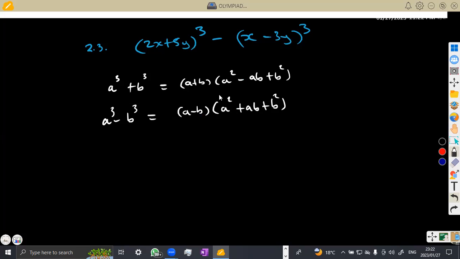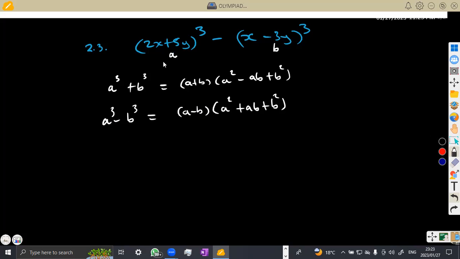So this is the part that they are actually testing you on, to see if you understand these identities in your factorization. So if you have (2x plus 5y) to the exponent of 3 minus (x minus 3y) to the exponent of 3, which is the same as a cubed minus b cubed, you are going to represent that this is your a and this is your b.